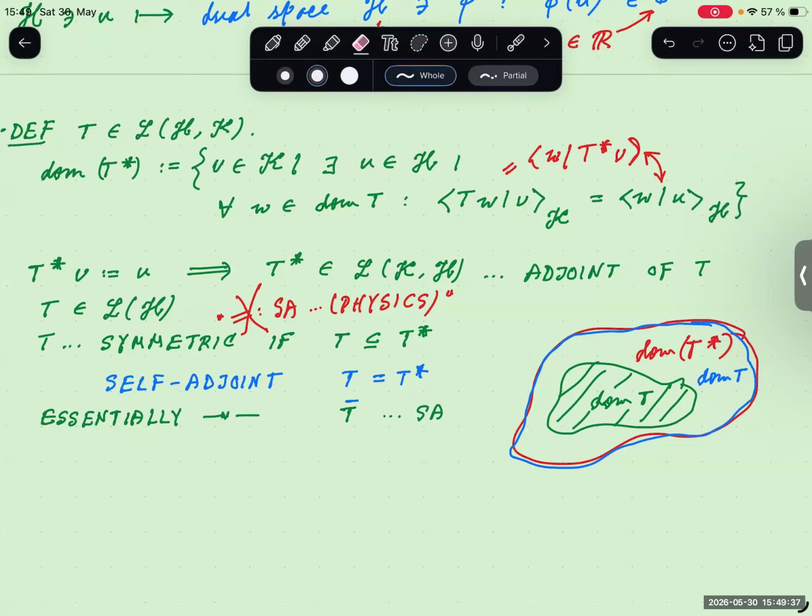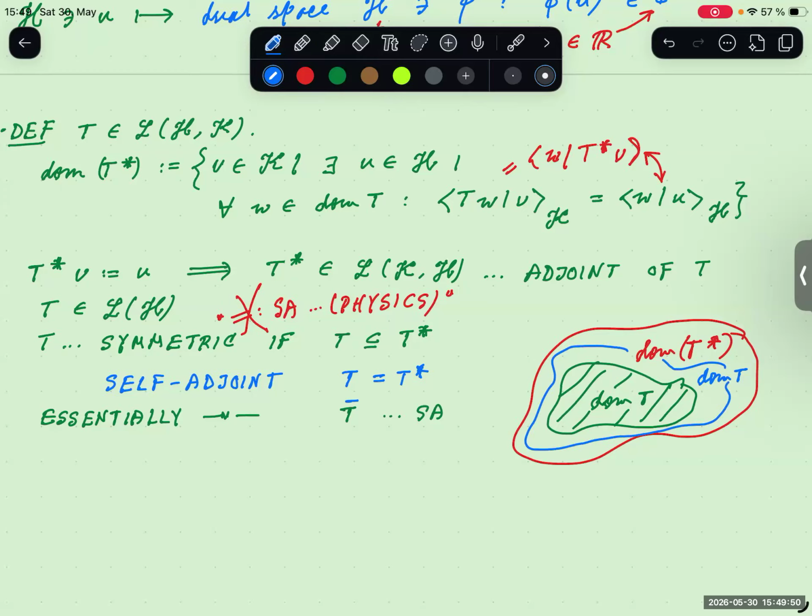Maybe I first draw an intermediate one. Okay, so now I extended it, but this extension still is not equal to T star. So what do you do? You extend more.